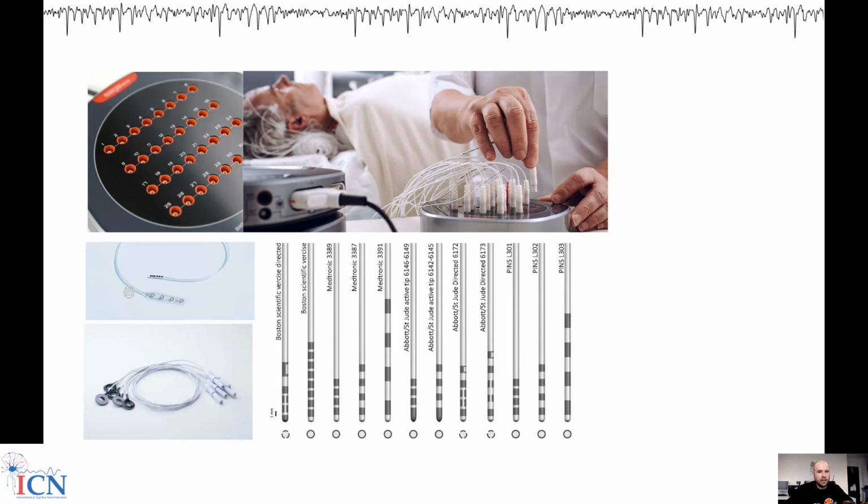Other signals can then contaminate these recordings. For example, with the Boston Scientific directional lead, it is sometimes really difficult to get a signal at all that is not completely contaminated with cable movement artifact.